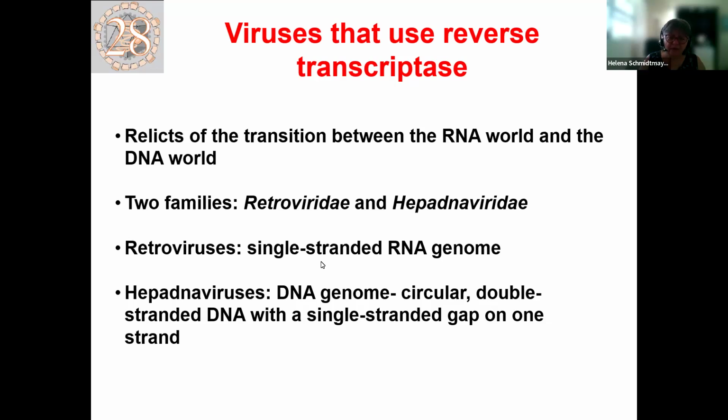Hepadnaviruses are different. They use reverse transcriptase differently. Their genome is circular, partially double-stranded DNA. It has a certain gap. So when they infect cells, the DNA enters the nucleus where the second strand is completed and DNA persists in the nucleus as an episome.